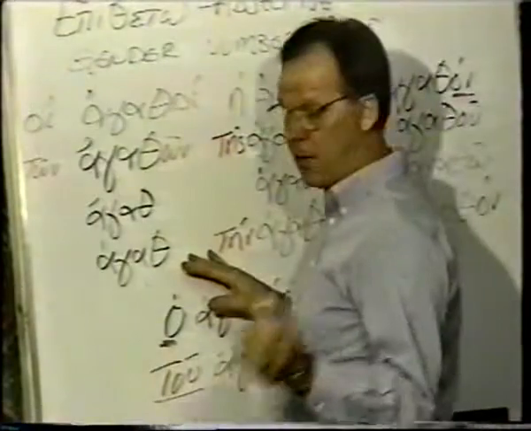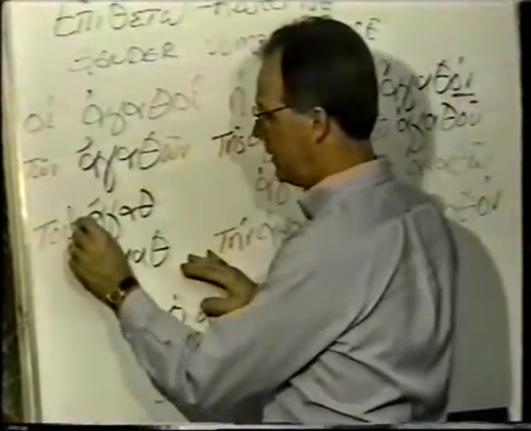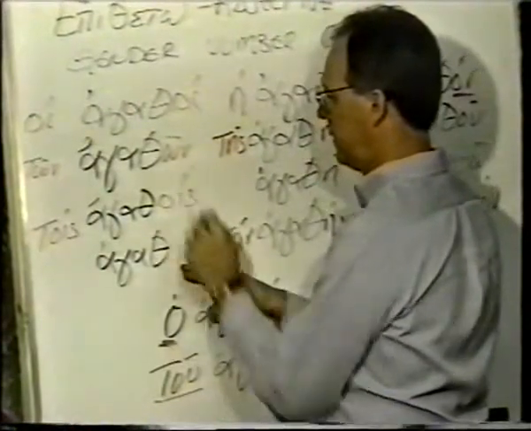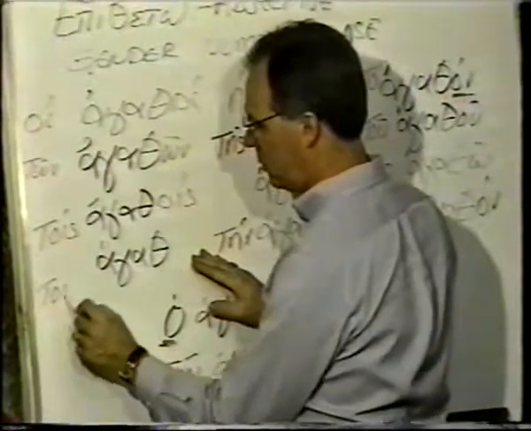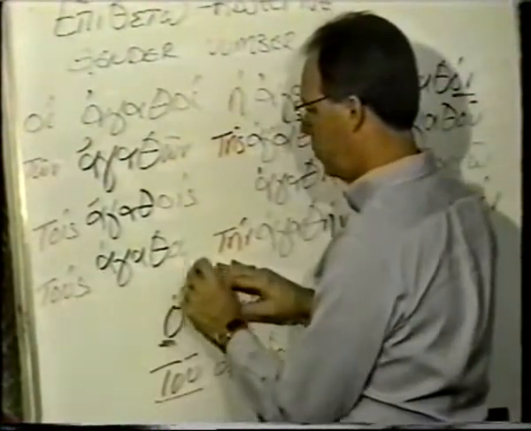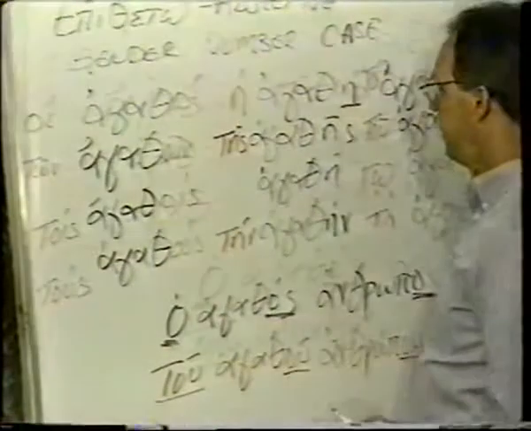And here we come also, again, we're in the plural, don't forget. It is tis agathis. Okay? And now we come to the tous agathous. This is the plural number, remember.